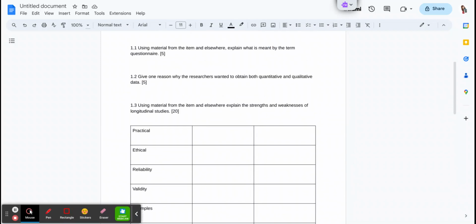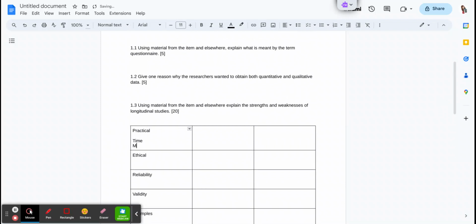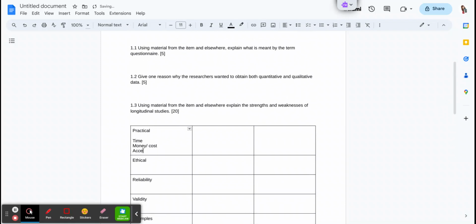Paragraph 1. Practical issues is time, money or cost, and access. Could you access a group? So, the major weakness is that longitudinal studies are time consuming. Longitudinal studies are incredibly time consuming.